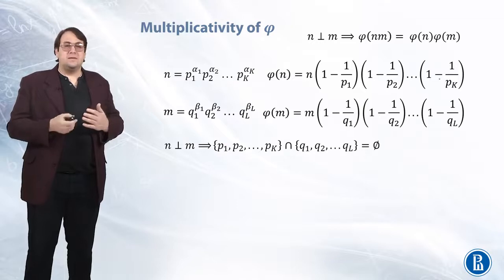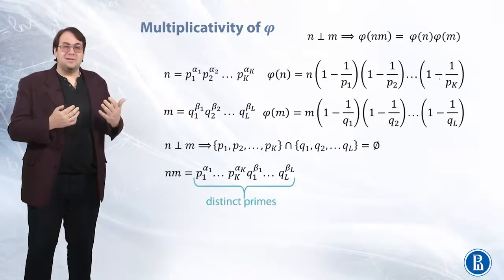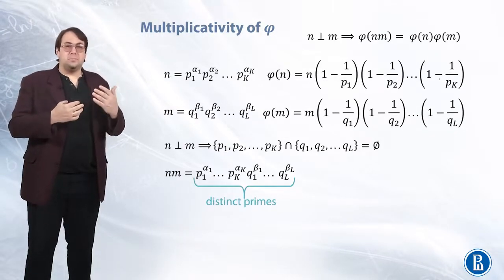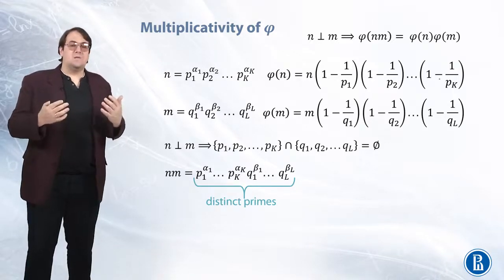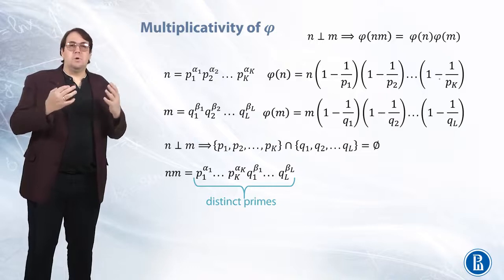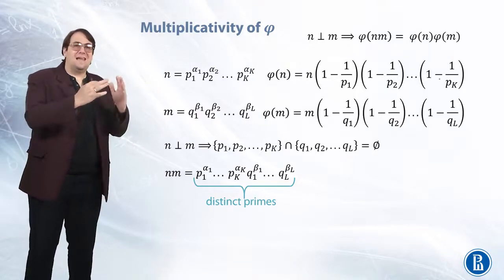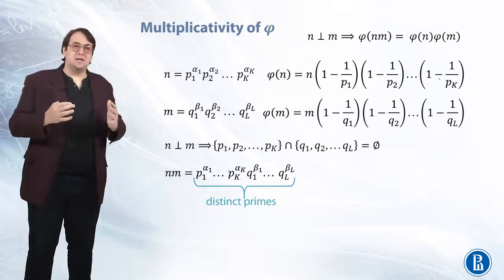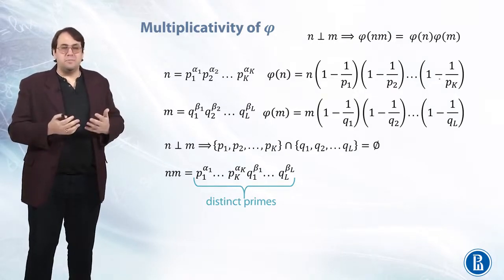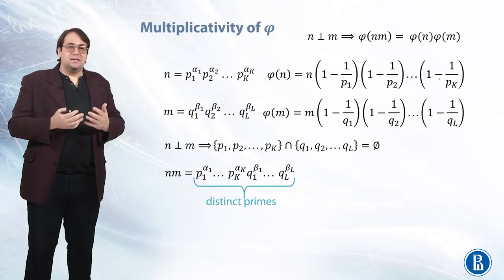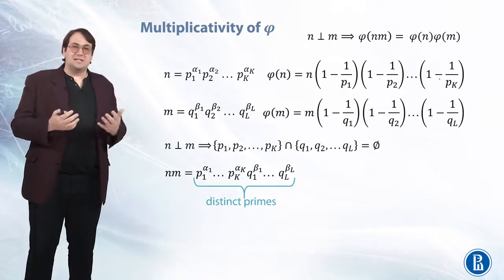So if we take the product nm, we will have a prime factorization that literally consists of both prime factorizations of n and m separately, with something like a concatenation. And all these primes are distinct.